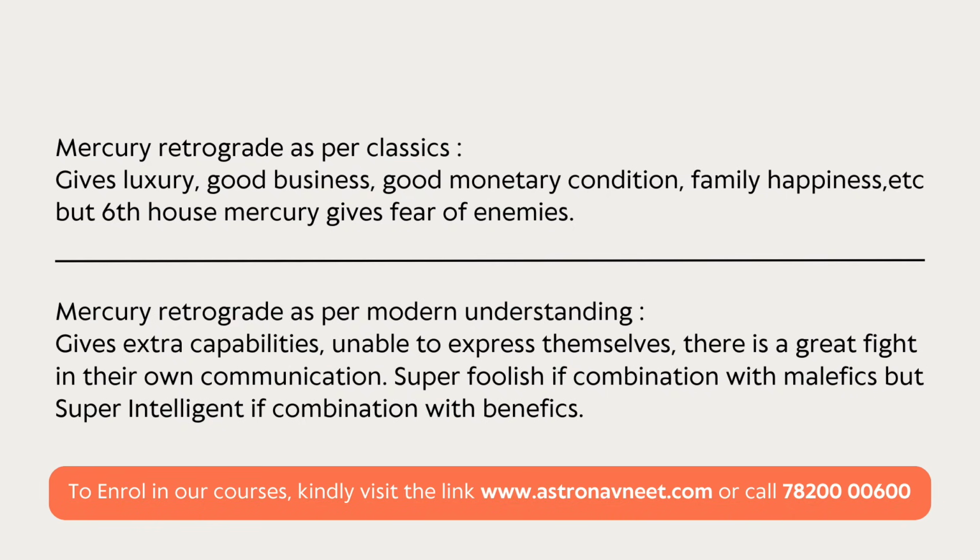Why? There is a fight between their own communication. At the same time, retrograde Mercury can make a person super intelligent if associated with benefics, and a super foolish person if it has aspects or combinations with malefics.